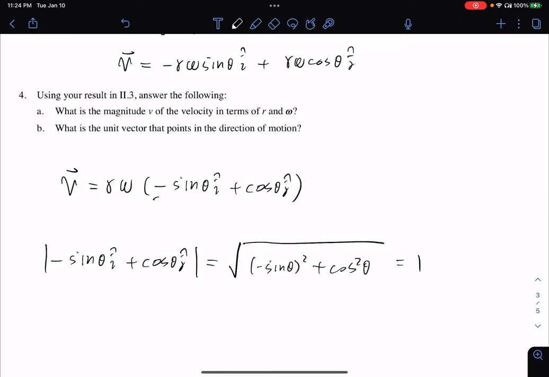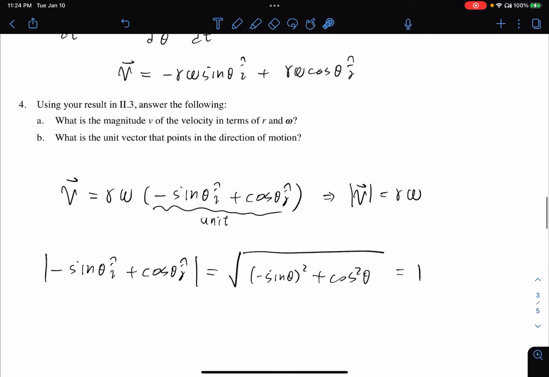So we see that this thing in the parentheses is a unit vector, which tells us that the magnitude of this vector will just be the factor in the front. So we can always write a vector in terms of its length times the unit vector representing the direction. Therefore, we see that the magnitude of the velocity is r times omega. And the unit vector pointing in the direction of motion will be this guy.